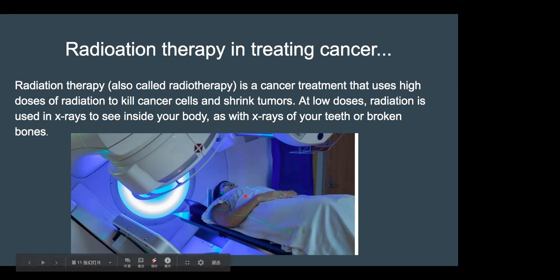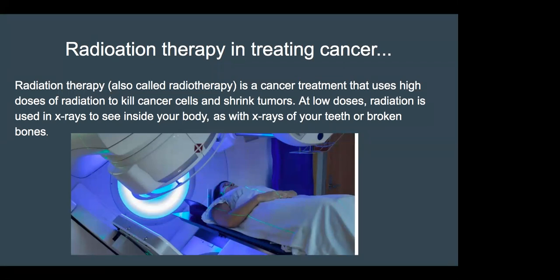And then we'll talk about how radioactive therapy is used in treating cancer. Radiation therapy, also called radiotherapy, is a cancer treatment that uses high doses of radiation to kill cancer cells and shrink tumors.